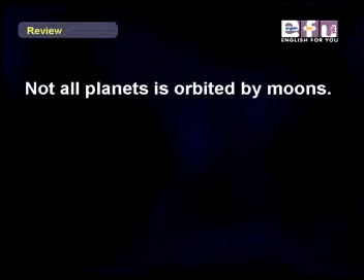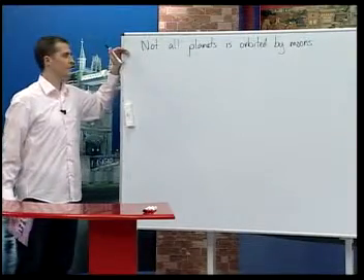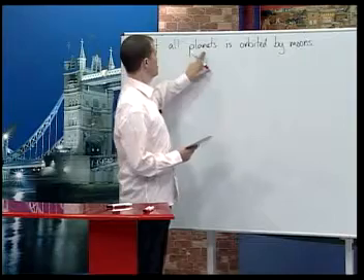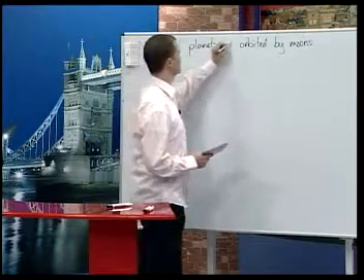Not all planets is orbited by moons. What's the mistake? You should change the verb. Not all planets are orbited by moons. So the verb changes. Because planets is plural. Okay, so that's the mistake.